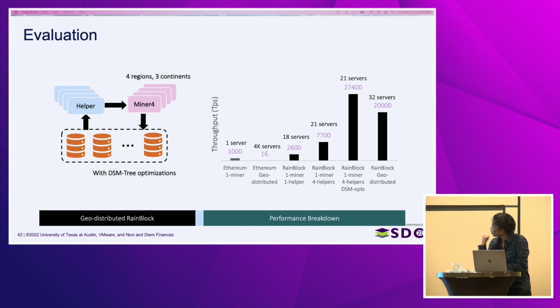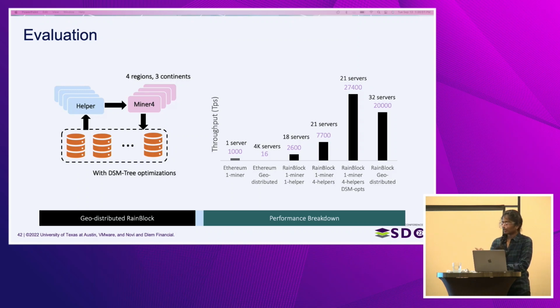So this is the geo-distributed setting. In the geo-distributed setting, we test the scalability of RainBlock. We use 4 miners that are in 4 different regions spread across 3 different continents, which is essentially a wide area network, which is very slow. Again, each RainBlock miner has IO helpers local to them, which are fully saturating the miner.